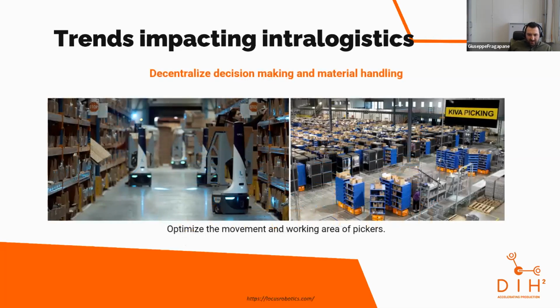And as well, if you think about some of these warehouses, you have thousands of these robots. So they have to work on their own instead of having a centralized computer, which a lot of older generation material handling systems are doing. That is centralized decision making, which makes the system much slower and not robust.